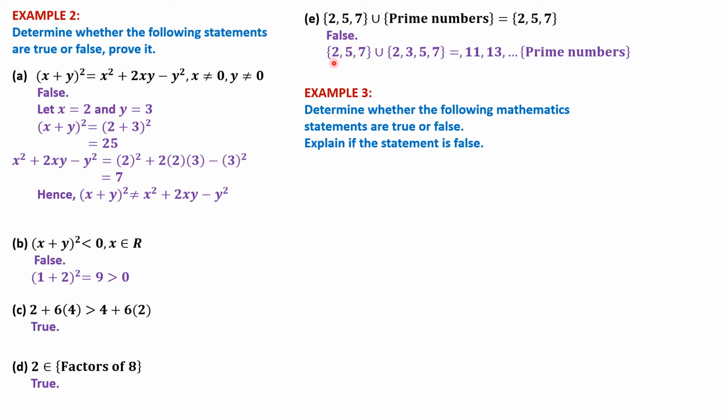This one is false. What is the true statement? The true statement should be written like this, because 2, 3, 5, 7, all of these are prime numbers. So you must write equal to prime numbers and so on, like this.